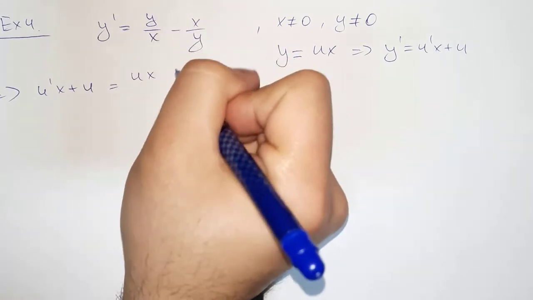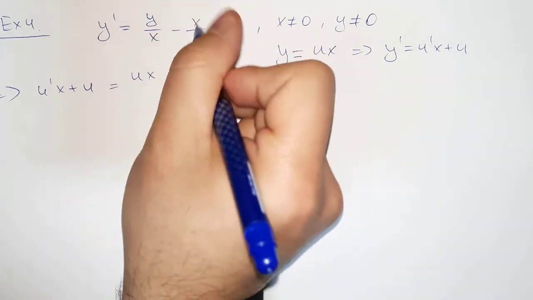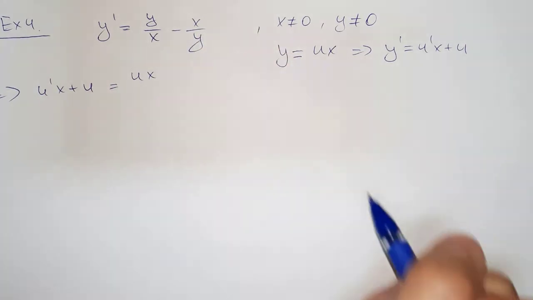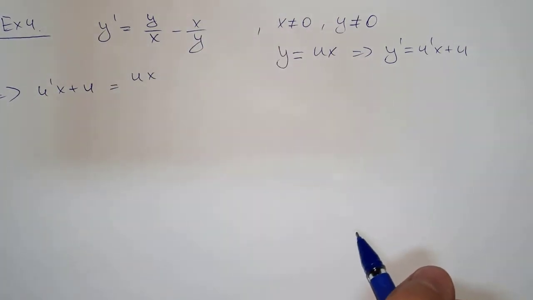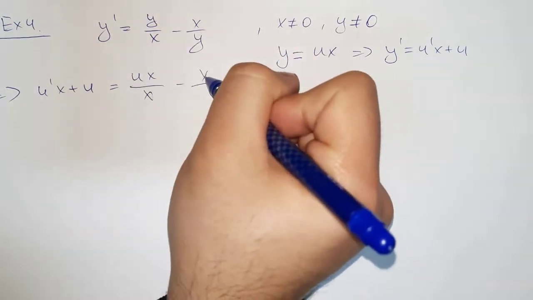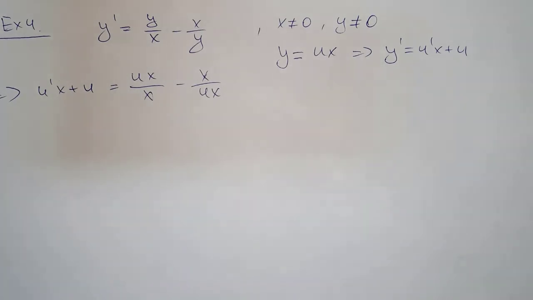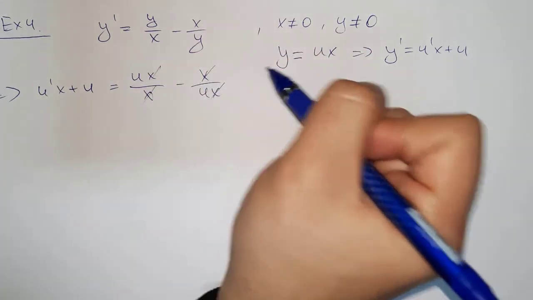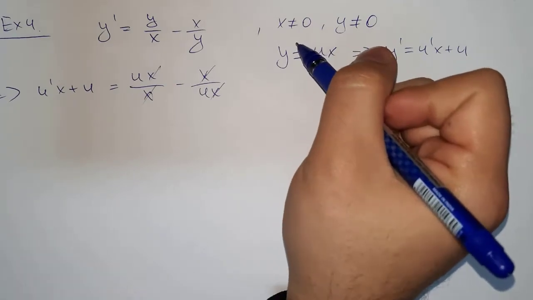This is a homogeneous equation. Or we have y prime, an equation in the form f of y over x: ux over x minus x over ux. So they are cancelled because we have x is not equal to 0.